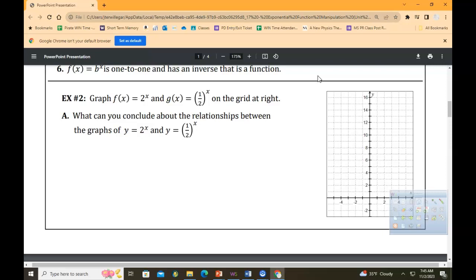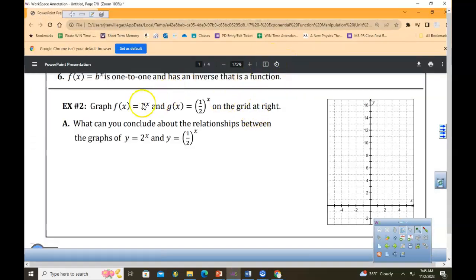All right, so we're going to do a quick and dirty sketch here. So we'll do 2 to the x in green. So we know it's going to pass through the point 0, 1. Let's plug in some points. What's 2 to the first power? 2. 2 squared is 4. 2 to the third is 8.